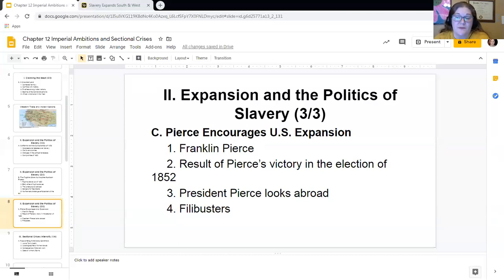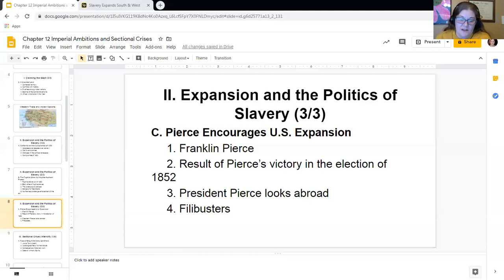Pierce was very inexperienced, and he had a very splintered cabinet. And so as a result, he gets a lot of conflicting advice. He's hearing a lot of different things in terms of slavery. And so he basically just ignores them and trusts his own views and follows a very expansionist vision for the United States.